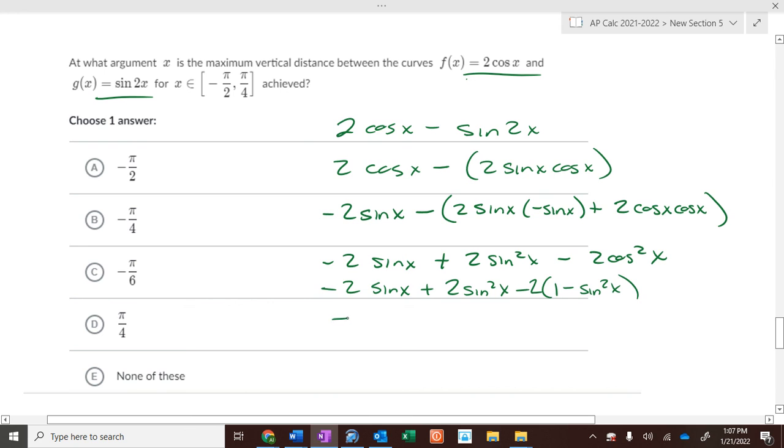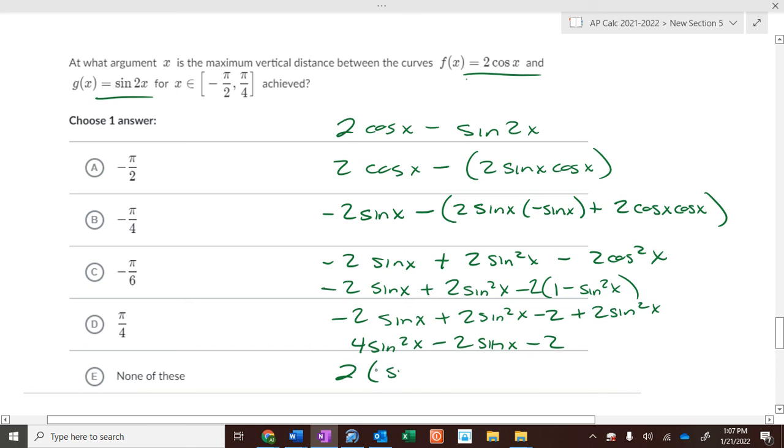So if we distribute that 2 through there, I get 4 sine squared of x minus 2 sine of x minus 2. So if I factor out a 2, I get 2 sine squared of x minus sine of x minus 1.